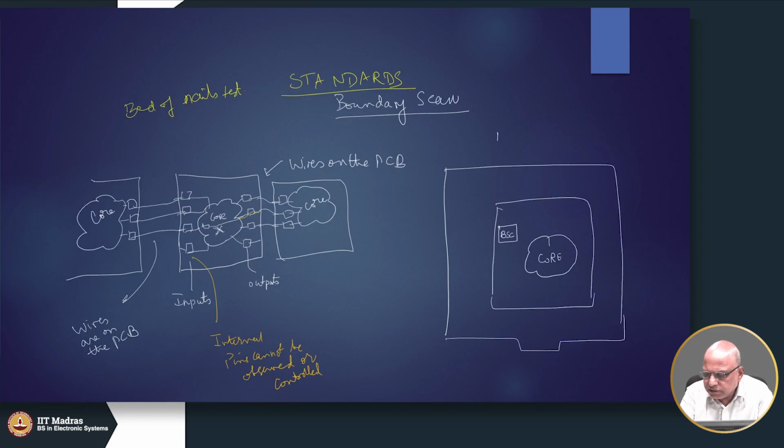BSC stands for boundary scan cell. It has some flip-flops where we can store the input. Similarly, there is another boundary scan cell maybe here, and another one here, and a fourth one, fifth one. So, each pin, whether it is an input pin or output pin, will be replaced with a boundary scan cell.